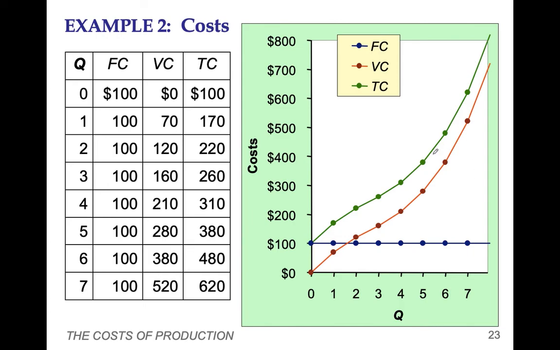This curve in green color is the sum of fixed costs plus variable costs. So variable cost plus fixed costs gives us total costs.